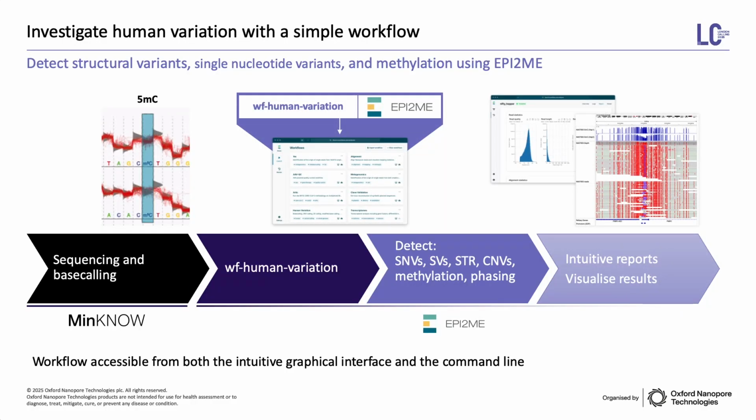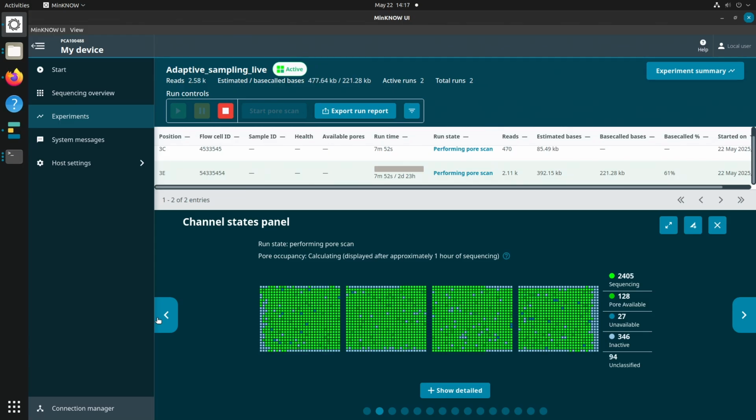The Epi2me desktop application offers really comprehensive analysis of the human genome in a single workflow. It investigates human genomic variation comprehensively, including SNVs, SVs, and methylation, as well as copy number variation and short tandem repeat expansion, and provides an annotation file and report for all those variants.